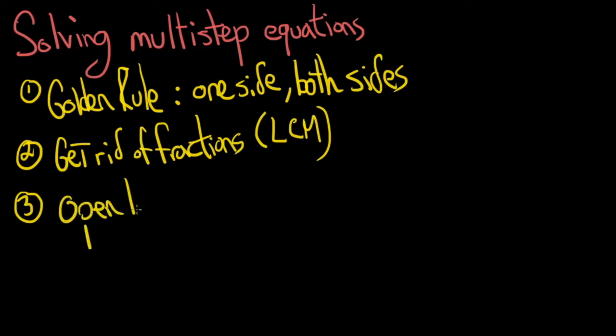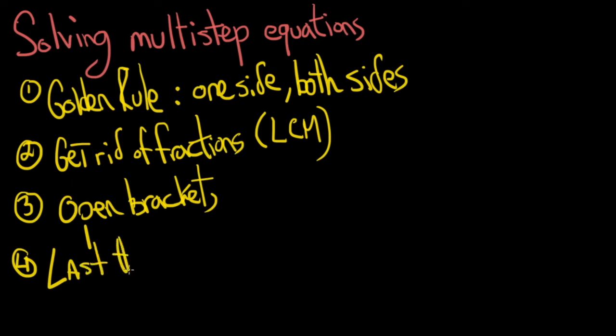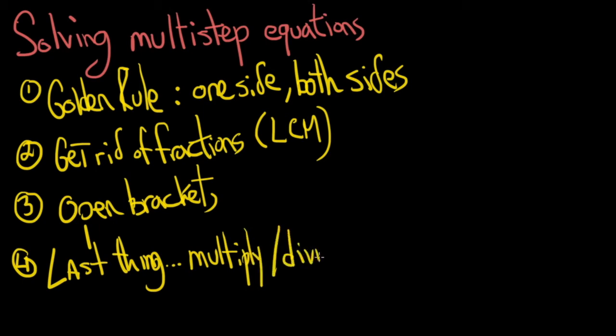So this is the order that you should be doing things. And the last one, which is perhaps one of the more important ones, is number 4: the last thing you should do when you're solving questions, typically, not always, typically, is multiply or divide. If you keep that in mind, it'll help you as you solve different kinds of questions.